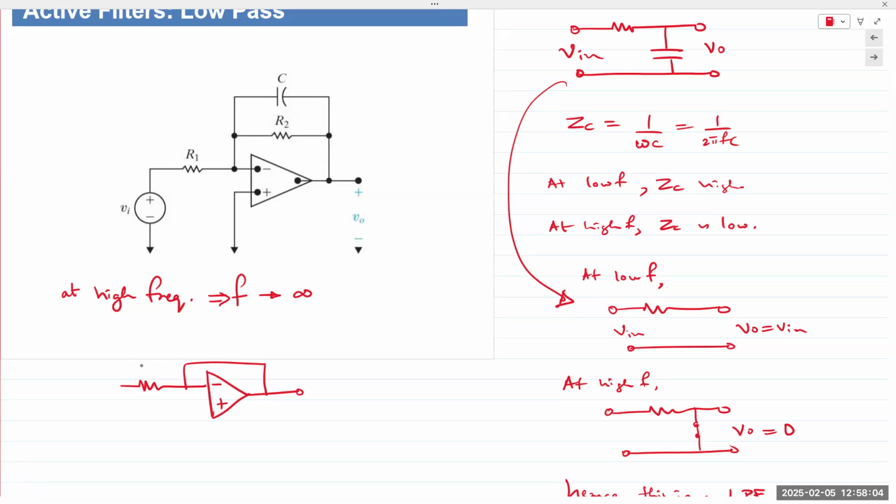What happens then? What happens to V out? Virtual short concept. If positive terminal is connected to ground, the inverting terminal also is virtually connected to ground. So at high frequencies, the output of the op amp goes to 0 volts.